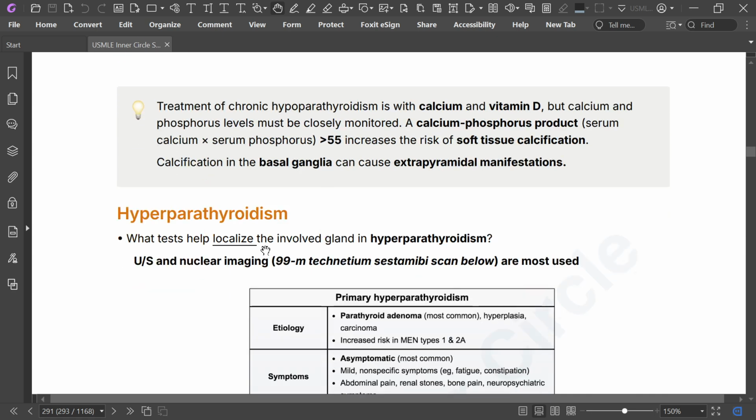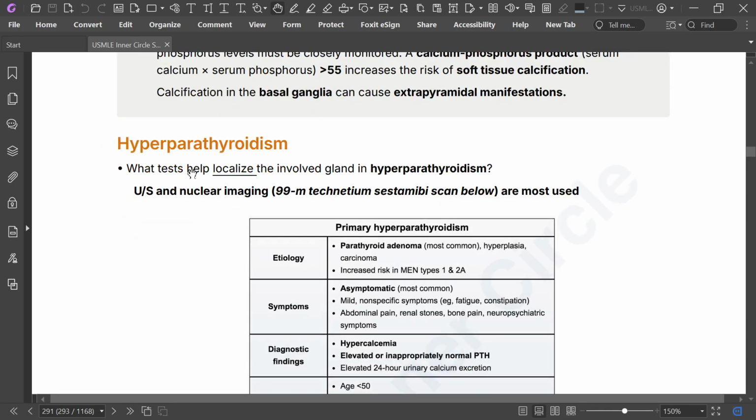Okay. Before jumping into these, first of all, I would like to discuss hyperthyroidism. In hyperthyroidism, what tests help localize the involved gland?